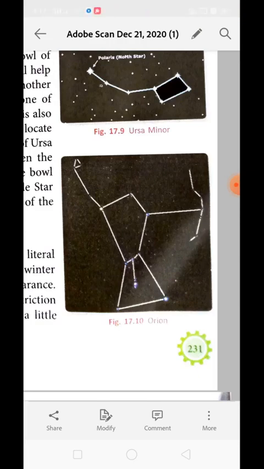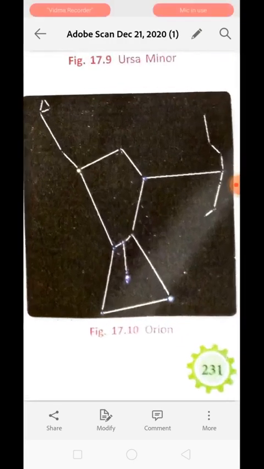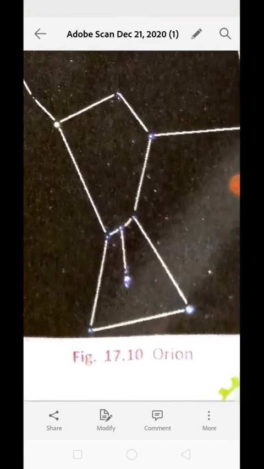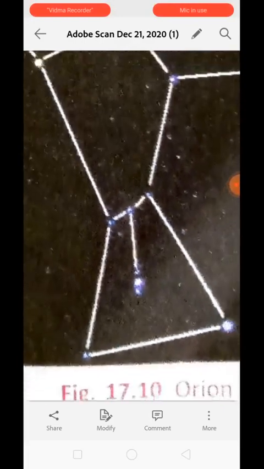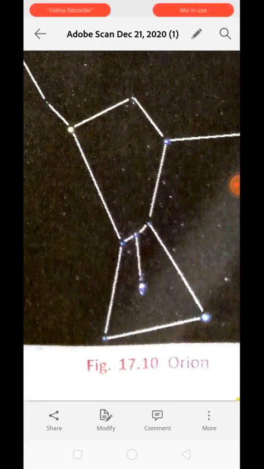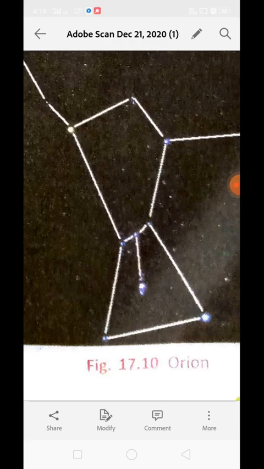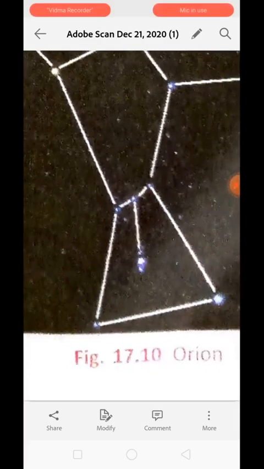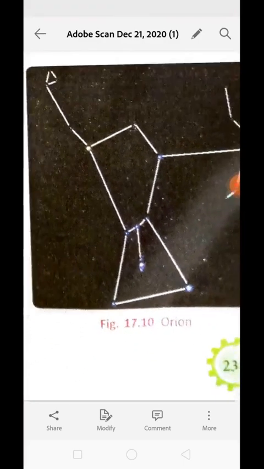We can easily see the 3 stars at the narrow construction in the center of the constellation, and if we look a little ahead in the straight-line direction of these 3 stars, you will reach one of the brightest stars in the night sky, named Sirius. The star Sirius is toward the east of the constellation Orion.